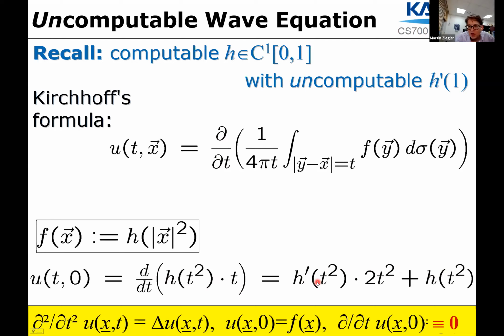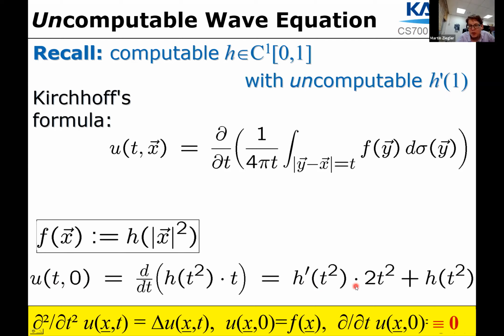And now let's look at this expression and see what happens, for instance, when t is 1. And remember, the way that Myhill constructed his counterexample was such that the derivative is uncomputable at argument 1. So what happens if we here plug in t equals 1? Then we have h prime of 1. This is an uncomputable real number times 2, right?